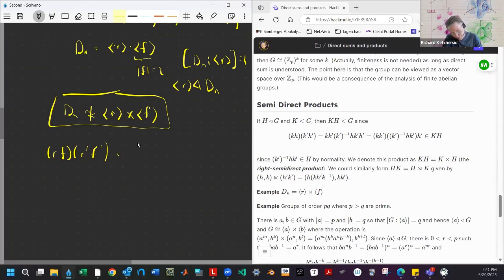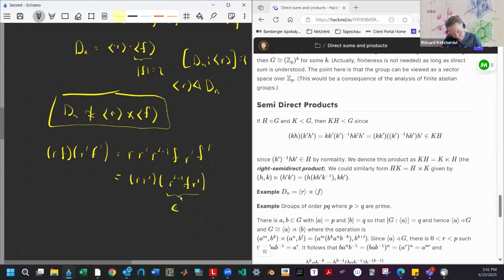So I can write this as R, and then I can put in R', and then R'^(-1) F R' F'. I can view this as R', and this over here as R'^(-1) F R'. Now notice that this is a conjugate of F by R'.